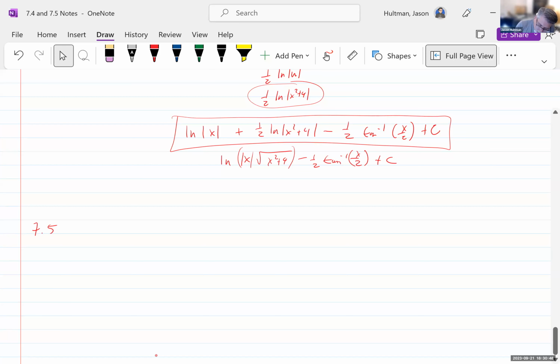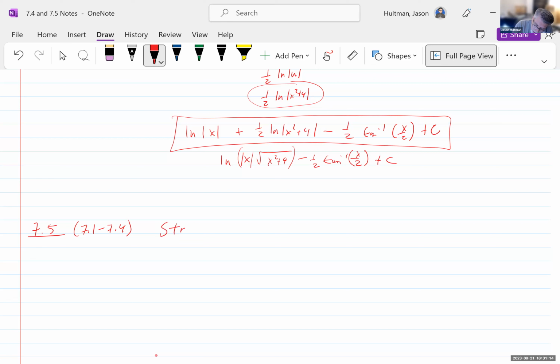7.5 says basically everything that we've learned up to this point. This is 7.1 through 7.4. Okay, basically says, how do we strategize when we're given anything, any type of integral? What's our strategy here?